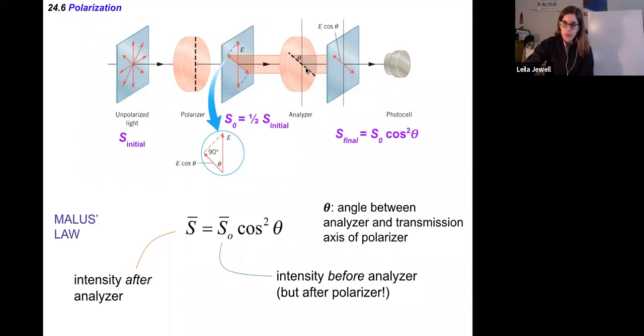Then as the polarized light goes through another polarizing material, we follow Malus's law, and that will give us our final intensity. And if we had an additional polarizing material beyond, we could apply Malus's law again, because it would still be polarized light, it's just in a new direction that lines up with the transmission axis of the previous polarizing material.